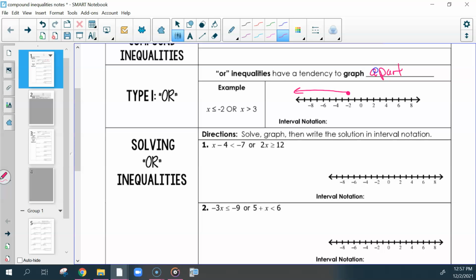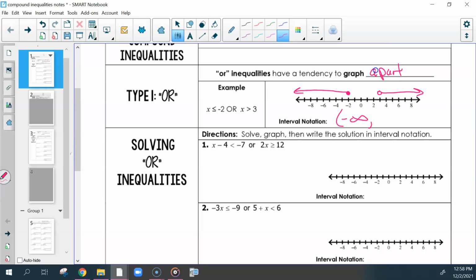And then this one would be an open circle at 3, going to the right. So when we write this in interval notation, we're still looking left to right, furthest left to furthest right. So furthest left, this is going to keep going towards negative infinity. So that's where we're going to start.